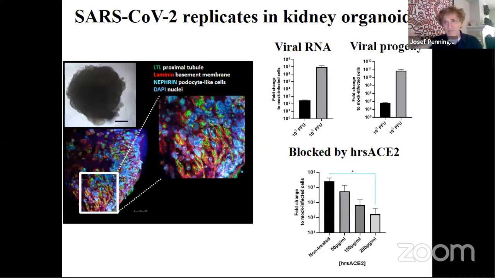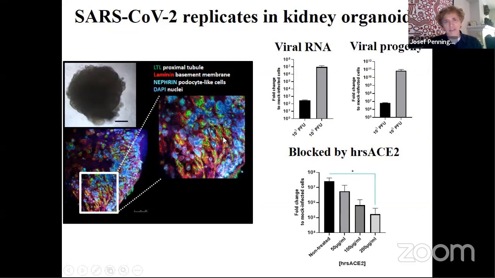But when the whole COVID-19 pandemic came about, we put together a consortium of tissue engineers in Europe and with virologists, with Ali Mirazimi's group, and basically engineered human kidneys, Nuria Montserrat in Barcelona.